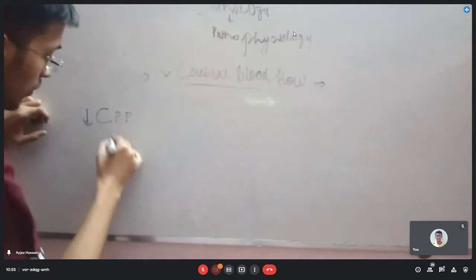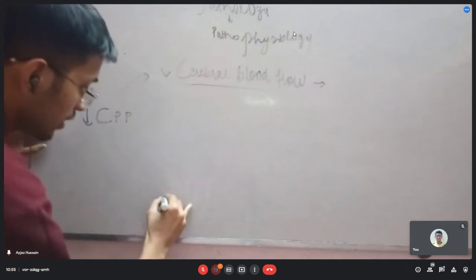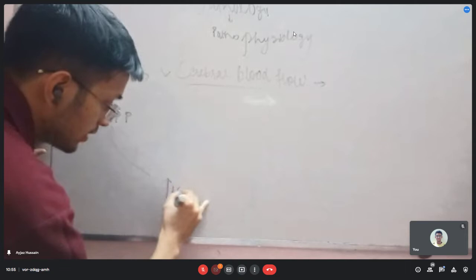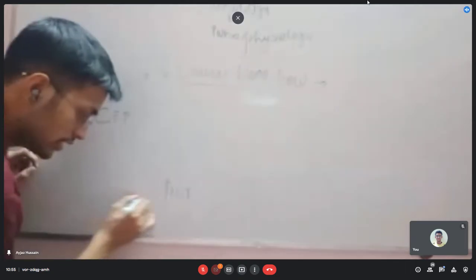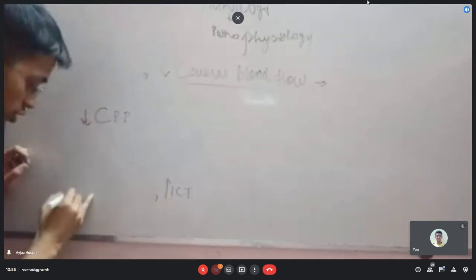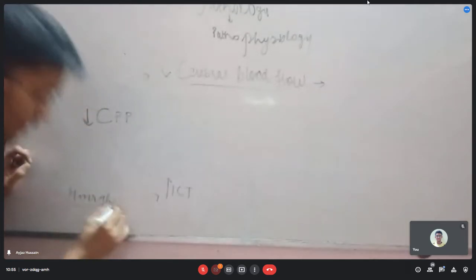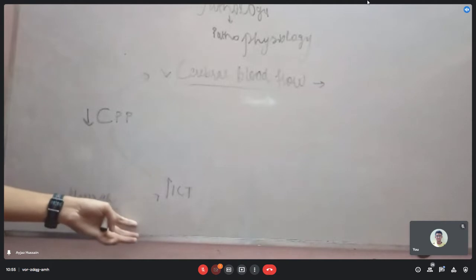Now, this reduced cerebral perfusion pressure is because of a raised ICT. Raised intracranial tension is seen in cases of hemorrhagic stroke. Hemorrhagic stroke will lead to raised intracranial tension.